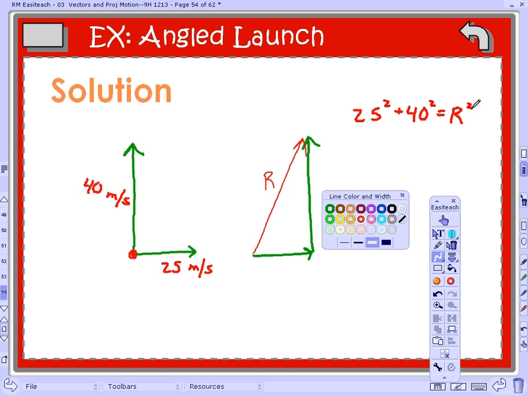So it's just Pythagorean theorem with those two quantities. I think that's like 625 plus 1600, but please confirm that on your calculators for me. And let me know if I'm making any silly math mistakes.